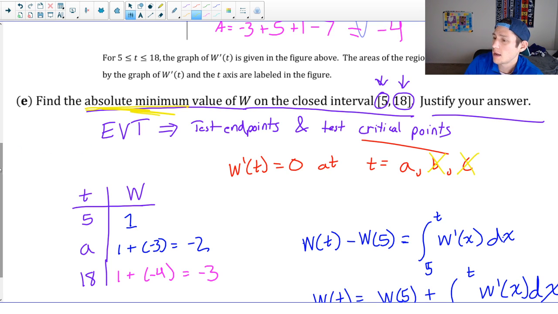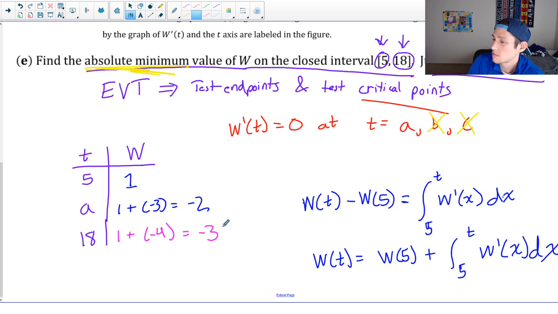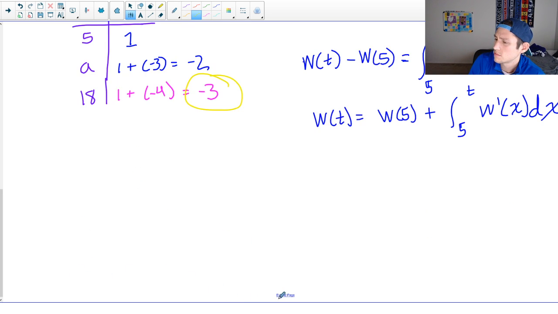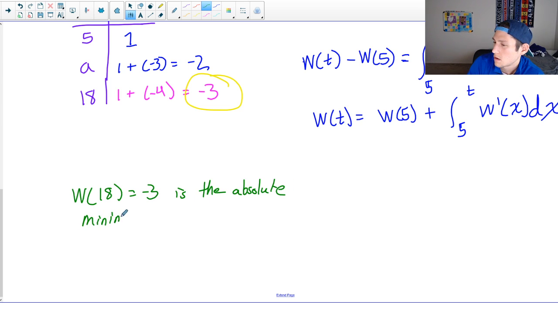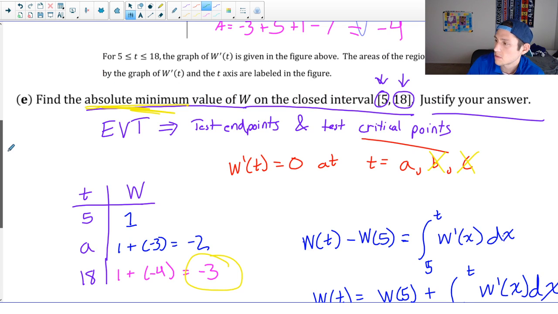We're looking for the absolute minimum, so we just want to pick the smallest value, which is this. So now let me write out my final answer. W of 18 equals -3 is the absolute minimum on the specified interval. Right, on the closed interval 5 to 18, because that's what we specifically were asked about.